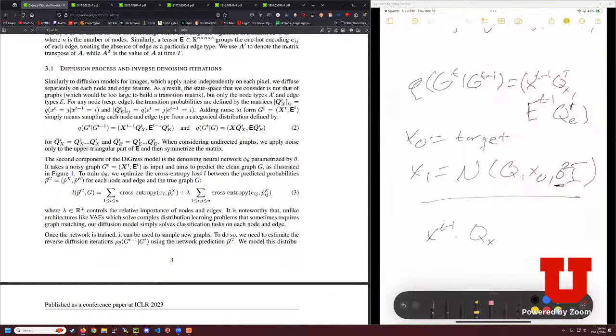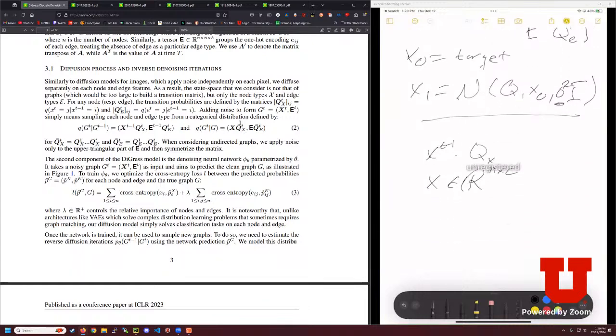I think it should be like a qx. Oh, okay. If they represent xt as one hot encoding, yeah, that probably is the case. Then you multiply xt minus 1 with qxt on the right. Okay.